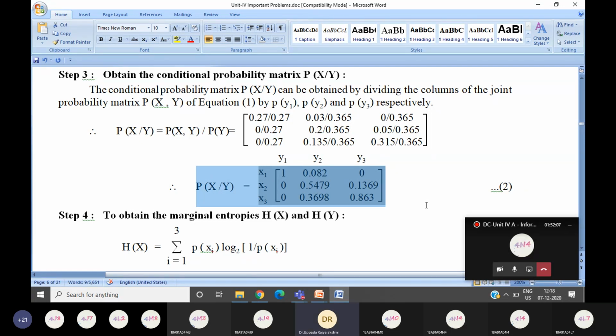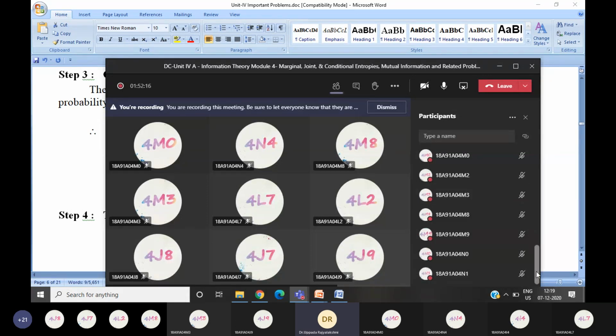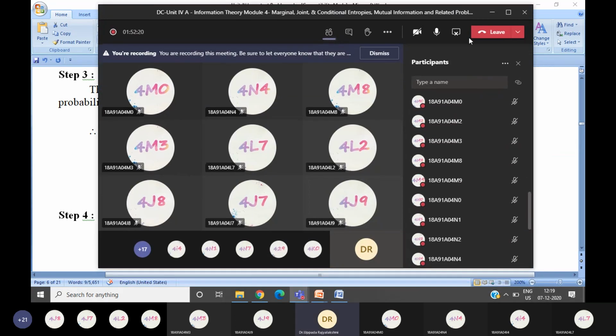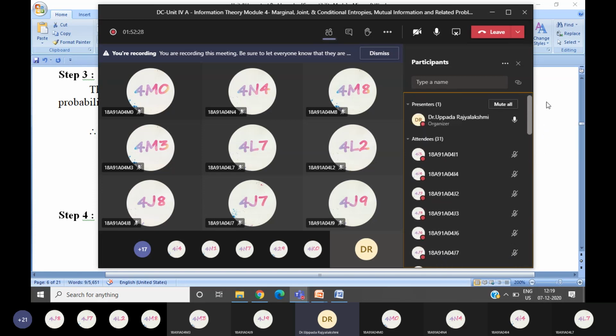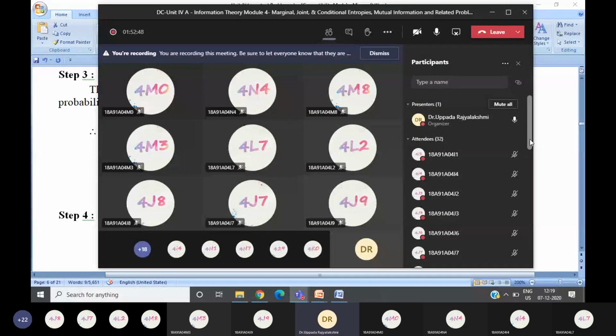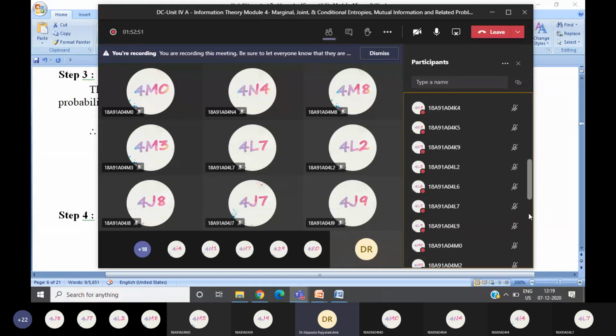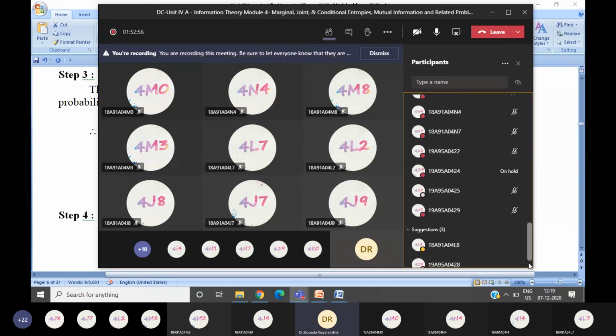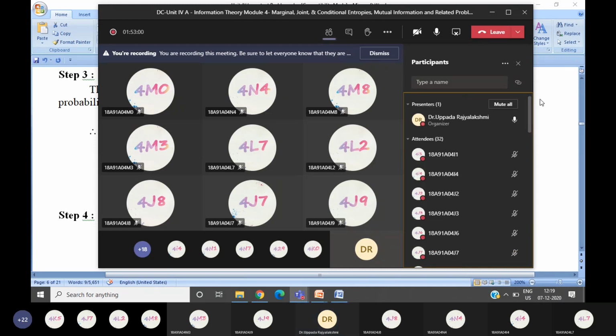Please respond, any one of you. What is the clue, the condition to verify that your obtained answer P of x by y is true?